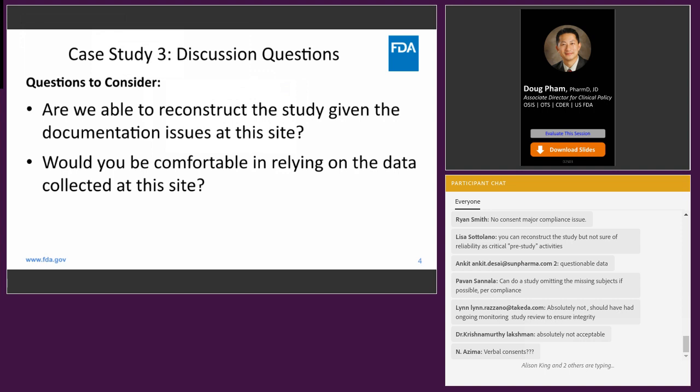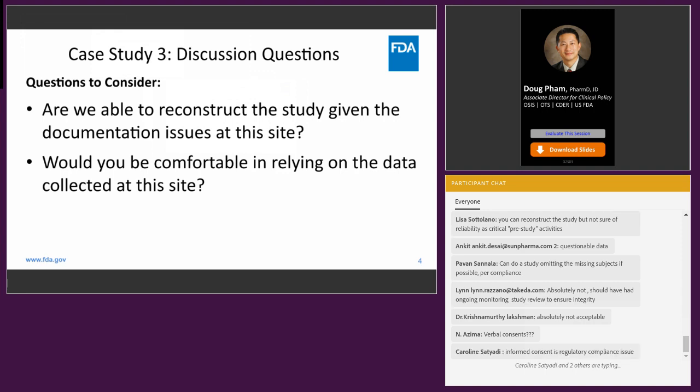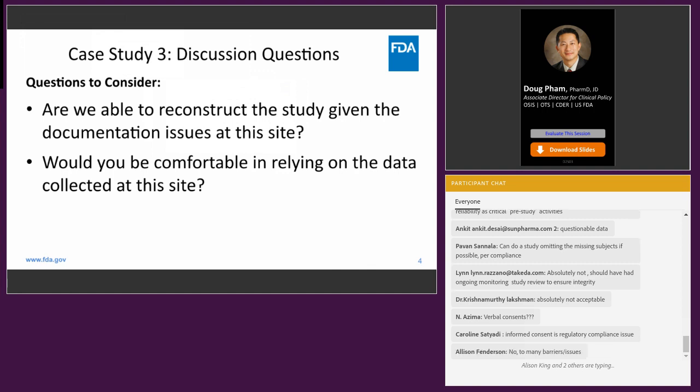Here we're talking about something more broad based, higher level, that doesn't really speak to a specific data point, right? But here it begs the question on data reliability, data acceptability, and now we're talking about human subject protections, about safety and welfare, because we have consenting issues and we have eligibility issues, right?